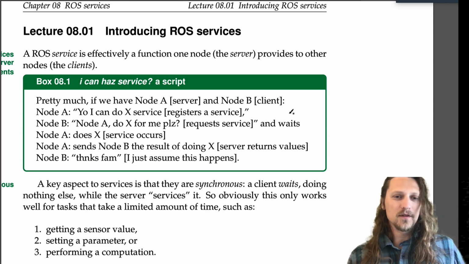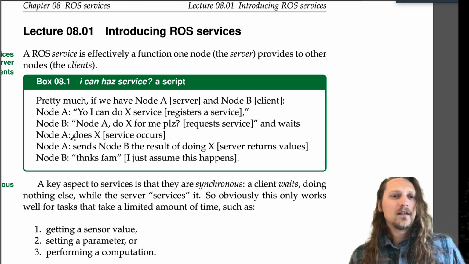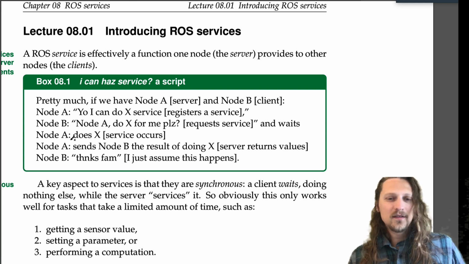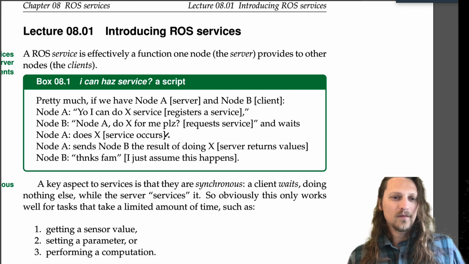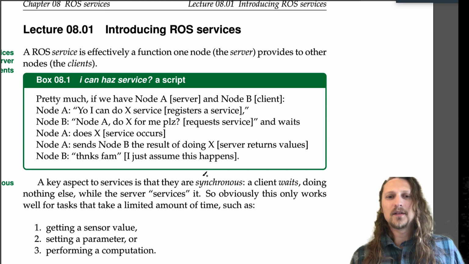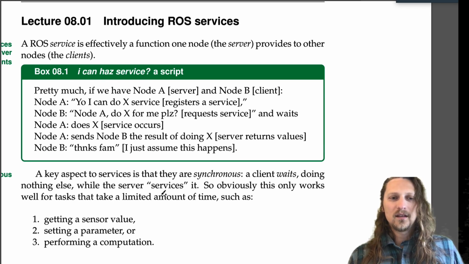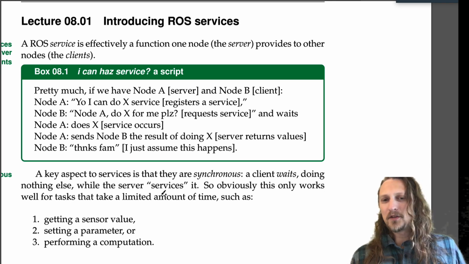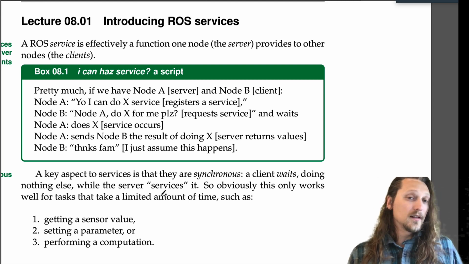Of course, roscore is involved there. Node B is like, hey, node A, do X for me, please. So it requests a service and waits. And then node A is like, yeah, I'll do X for you. And service occurs. And node A is like, here's the result of doing X for you. And node B is like, thanks, fam. Which, of course, I just assume happens because the nodes are polite to each other.